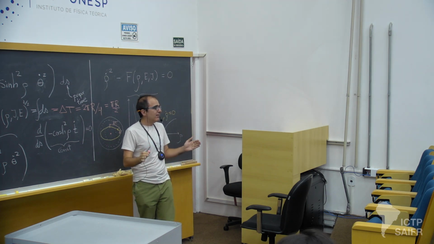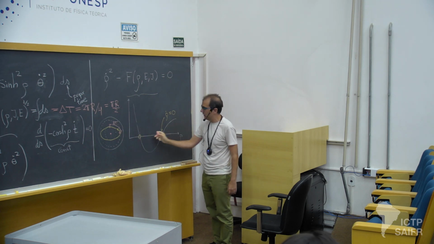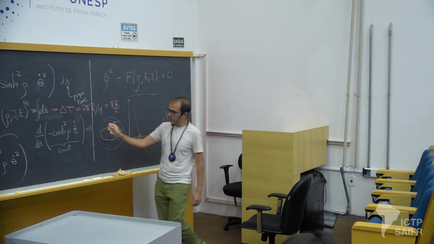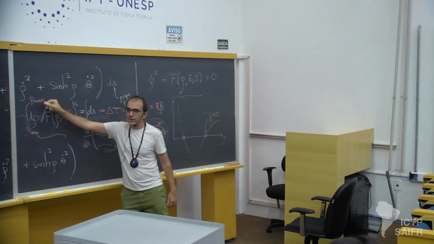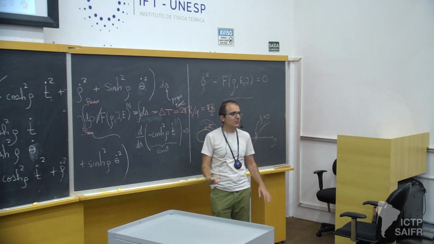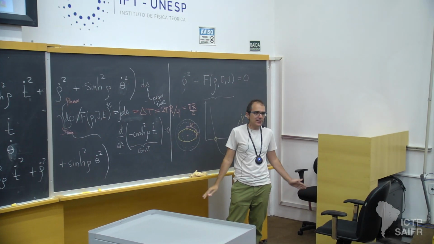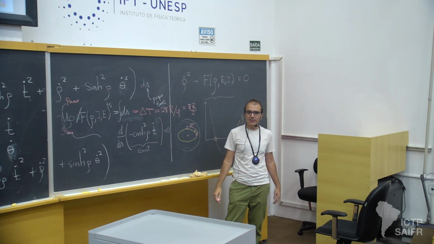It's still a nice exercise to check there was no mistake. Plug in E and J, compute the turning points, integrate between the turning points, do this integral carefully or numerically, and check that you get pi r over 2. It's going to work.